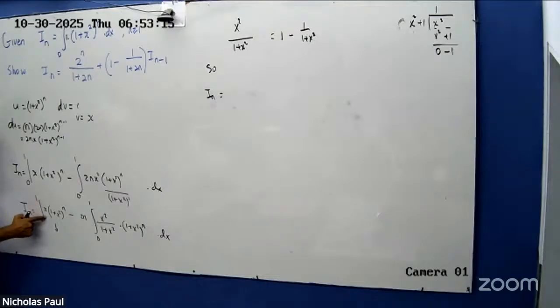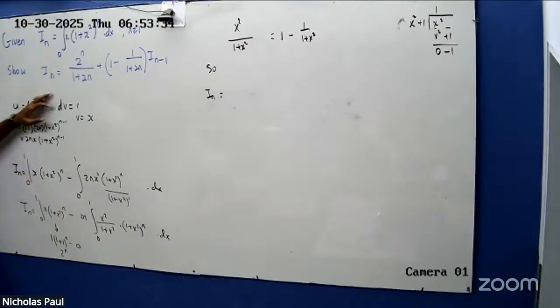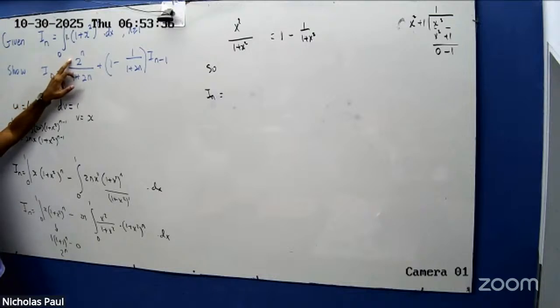If I plug in 0, I get 0, right? If I plug in 1, I'll get 1 by 1 plus 1 to the n, which is minus 0, which is 2 to the n. So this whole thing here becomes 2 to the n. And you should see that somewhere. You see that there?